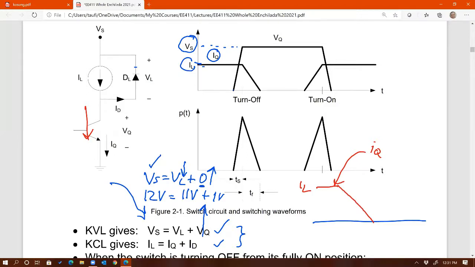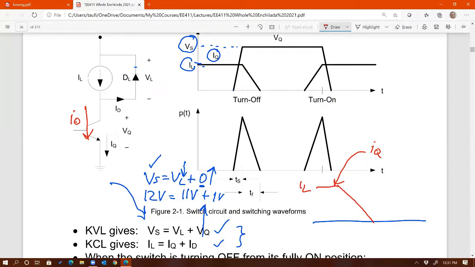Anybody? By KCL, more diode current. Exactly. So by KCL, if IQ, the current through the switch, starts to come down from IL, that means the remaining current, because it's already lower than IL, must flow through the diode.